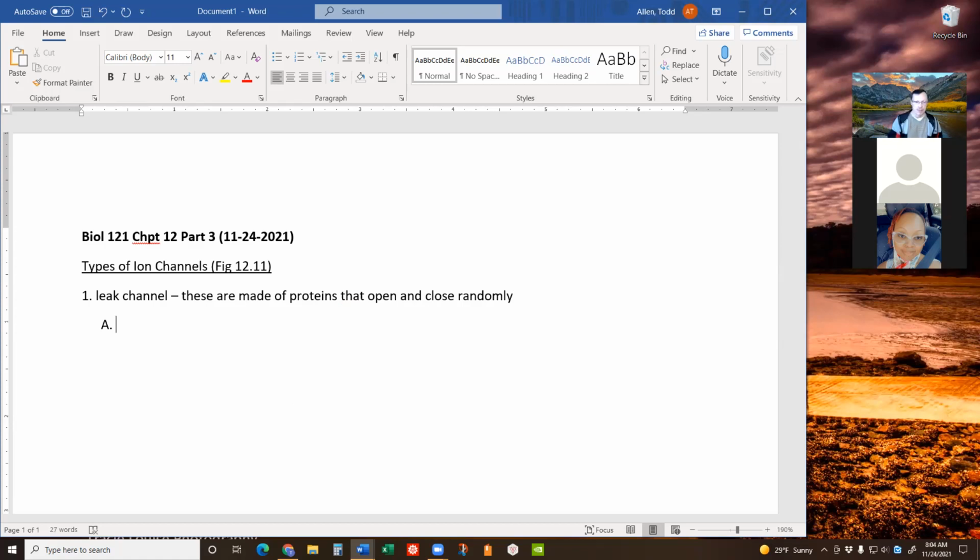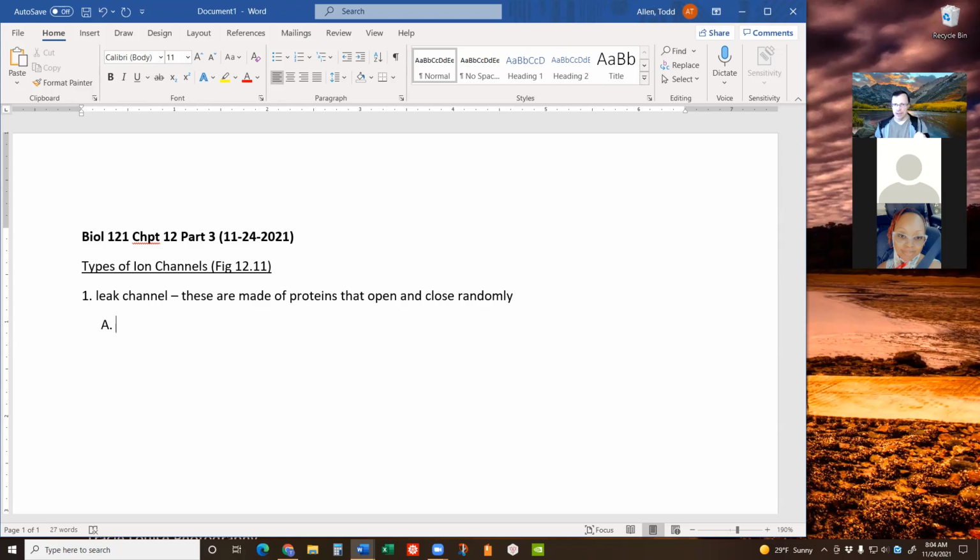With that, there's some additional information you have to be aware of. It turns out that Mother Nature has designed it so that there's two major types of leak channels that are important for understanding how the nervous system functions. That would be sodium ion leak channels and potassium ion leak channels.